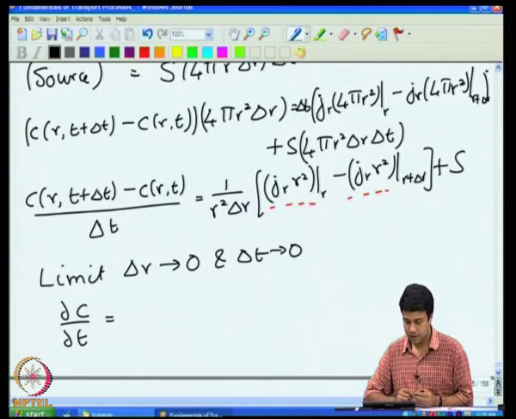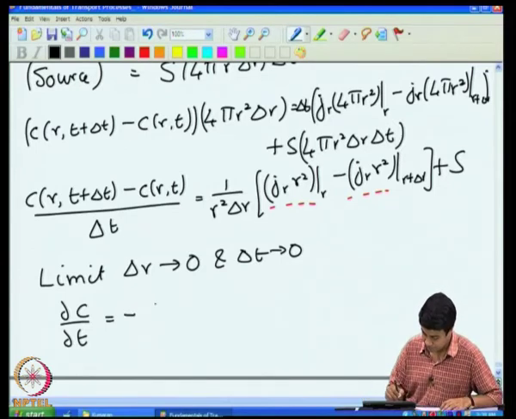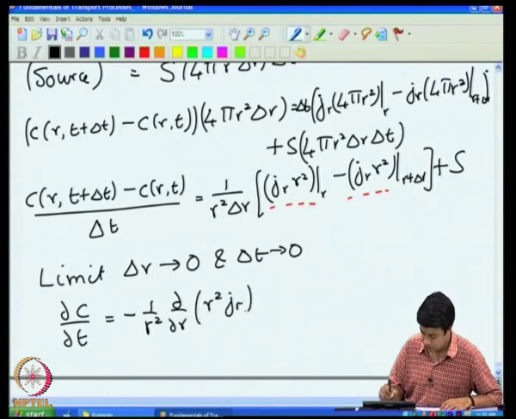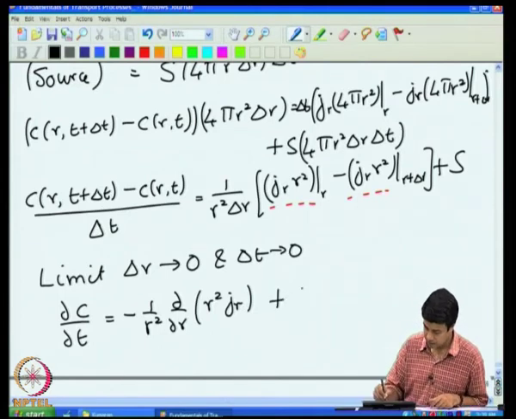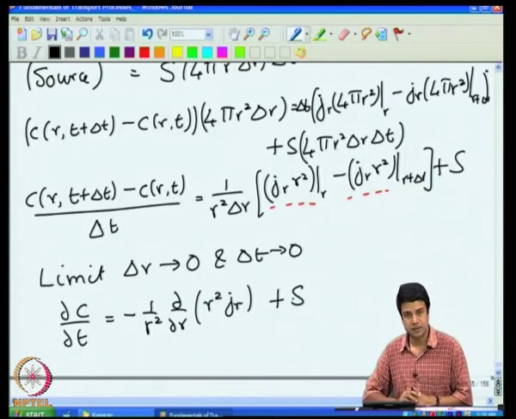Now, J r times r square at r plus delta r minus J r times r square at r would be d by dr of J r times r square, but I have the negative of that. So, this is equal to minus 1 by r square d by dr of r square times J r, where J r is the flux, plus any source or sink that is present. So, this is the concentration equation.